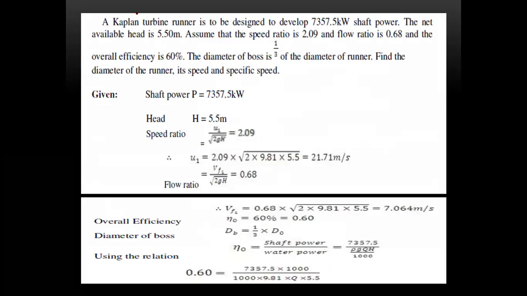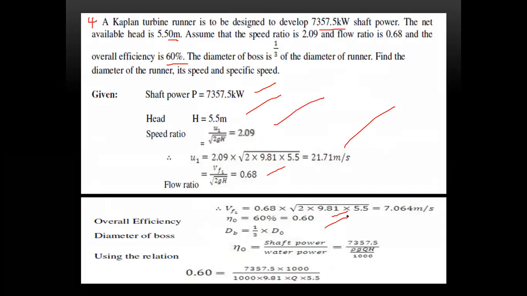Next, you see the Kaplan turbine. The Kaplan turbine runner is designed to develop so and so kilowatts shaft power. The net head is 5, the speed ratio is 2.9, and the flow ratio 0.68. The overall efficiency is 60%, and the diameter of the boss is 1/3 the diameter of the runner. Now write the given data: speed ratio, find U1, flow ratio, overall efficiency, right?